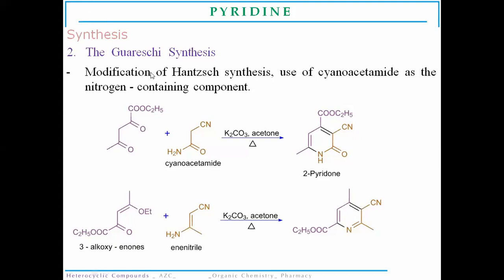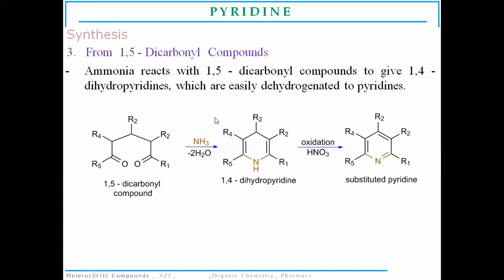But in this case, we have slightly modified the synthesis method, in which cyanoacetamide is used as a nitrogen containing fragment, which is condensed with the beta carbonyl compound in a simple step, that is potassium carbonate, and here we are going to synthesize 2-pyridone. Now the third method of synthesis of pyridine molecule is from 1,5-dicarbonyl compounds.